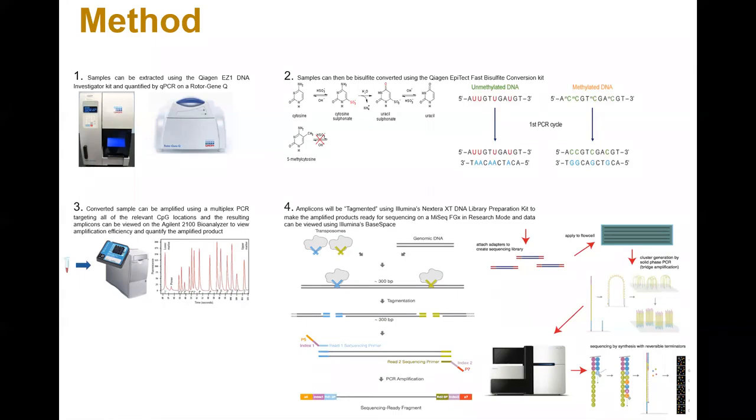If you've ever seen one of Illumina's presentations detailing how their massively parallel sequencing works, it is no different. Bridge amplification, and what this is going to allow you to do is get a lot of read depth on each one of the DNA methylation sites that you're interested in.